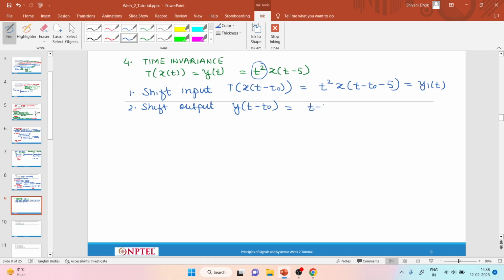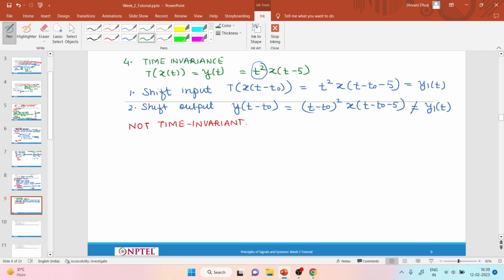So this will be t minus t naught square x of t minus t naught minus 5, which is not equal to y1 of t, and therefore this is not time invariant, which means that it is time varying system.